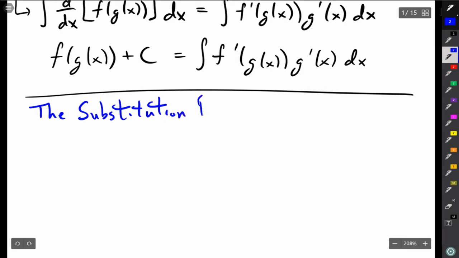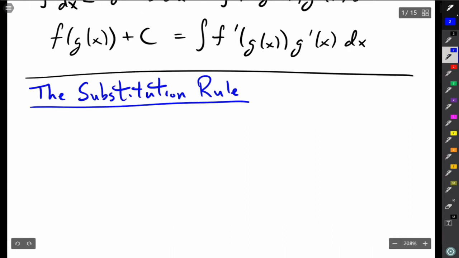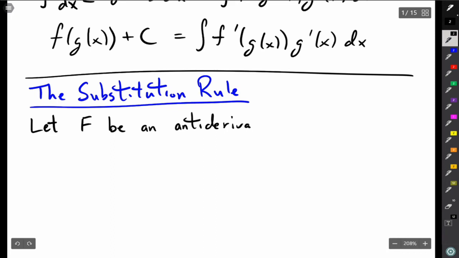Right, so I'll leave off some of the technicalities here. I'll let you read that in the textbook. But basically what we're going to do here is say, let capital F be an antiderivative of little f.